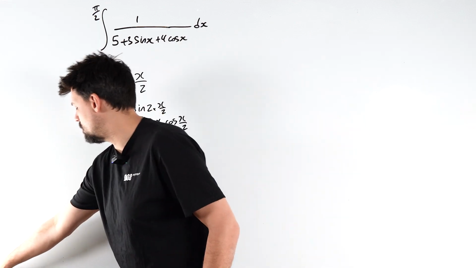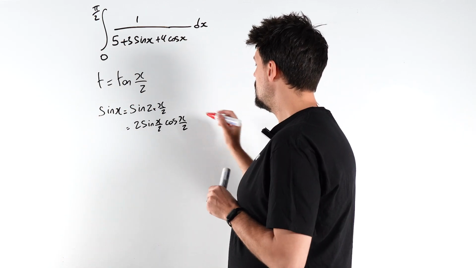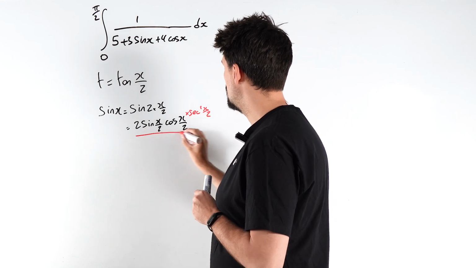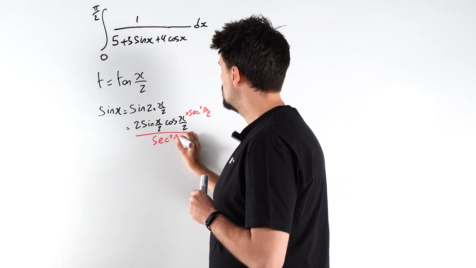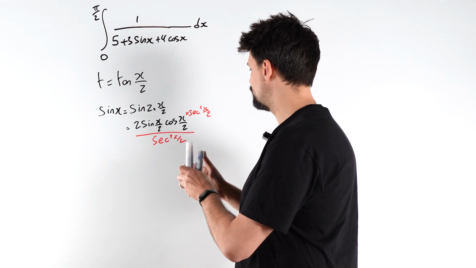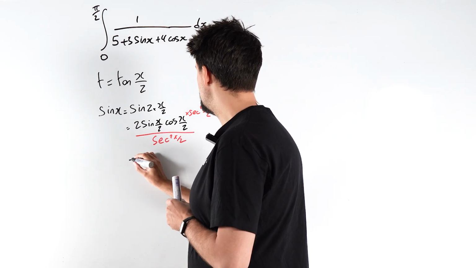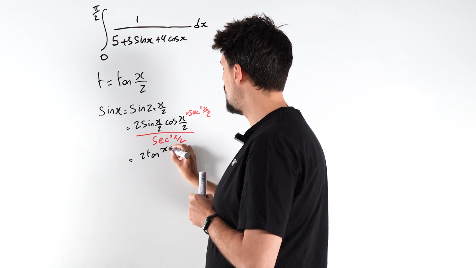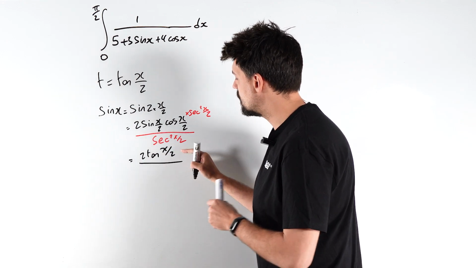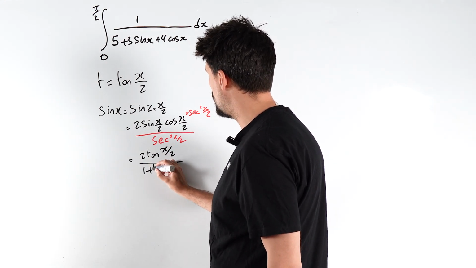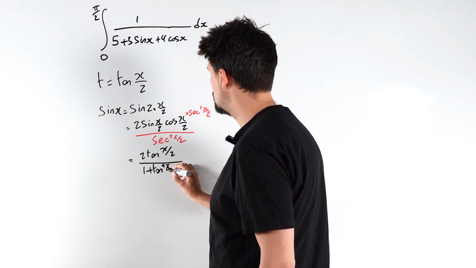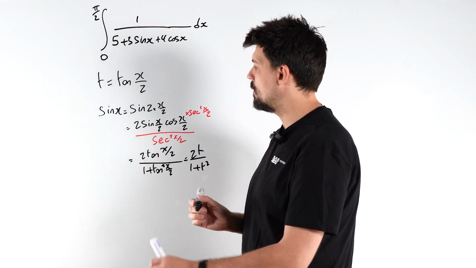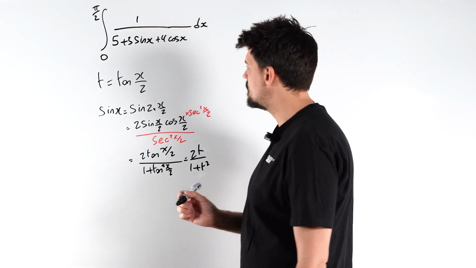And then, tell you what, cheeky red pen, we're going to multiply this by sec squared of x over 2 and divide it by sec squared of x over 2, which is going to give me 2 tan of x over 2 on top. Now sec squared is 1 plus tan squared, so that is 2t over 1 plus t squared. Isn't that nice?